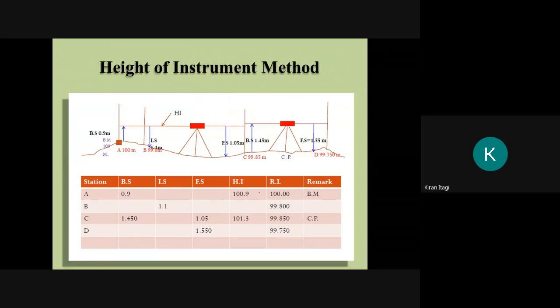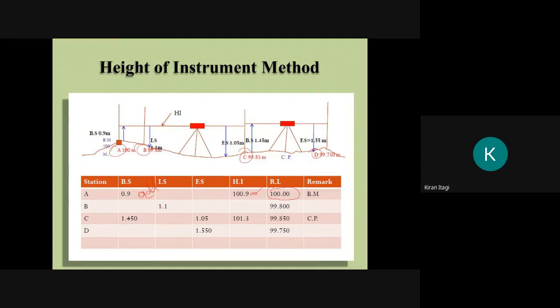Okay, this is the procedure for taking readings on site. Now, how do we determine the RLs at the different positions, that is, RL at A, RL at B, RL at C, RL at D? Initially we have taken the reference as 100; we could take it as 50. First, we will add the backside. So 100 plus 0.9 is 100.9.